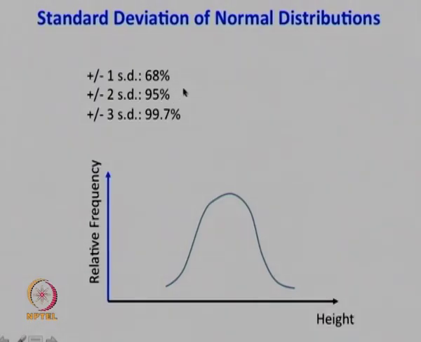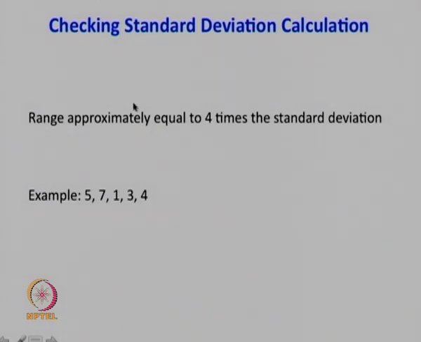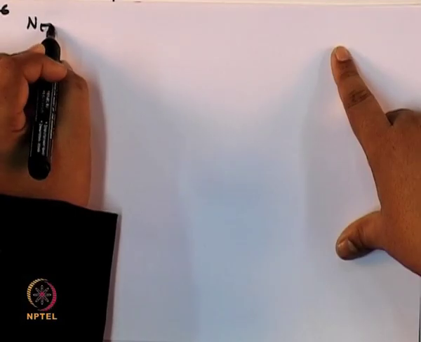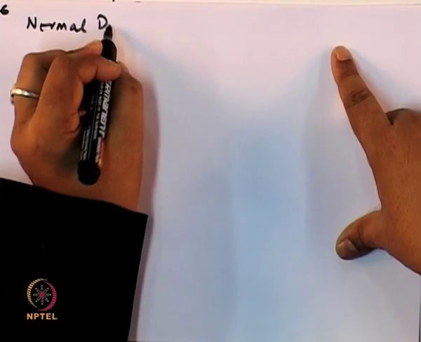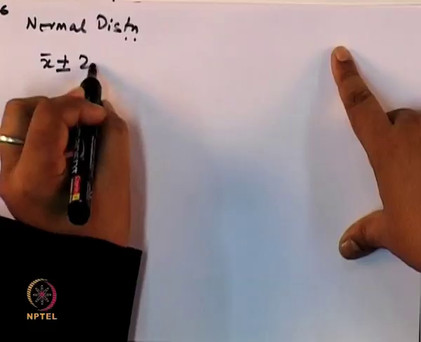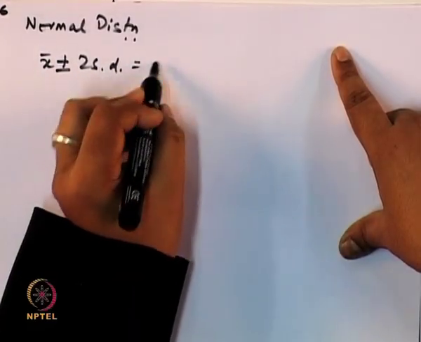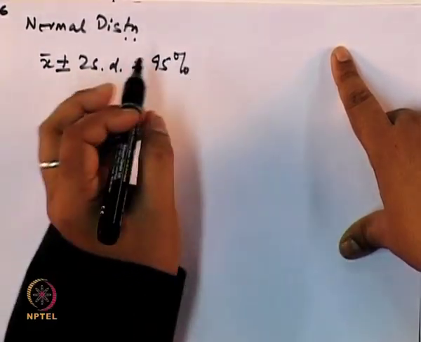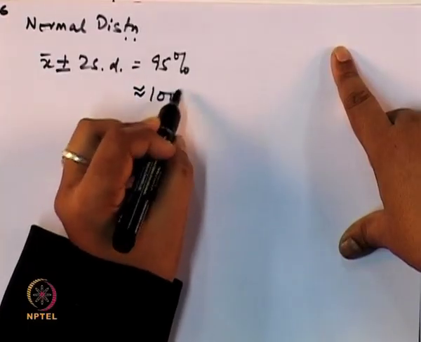Okay. So, when you calculate the standard deviation, you can check whether the value you have calculated is approximately right or not. The exercise is very simple: you calculate the range. In case of a normal distribution, x bar plus minus 2 standard deviations is 95% of the data, which we can approximate as 100%.